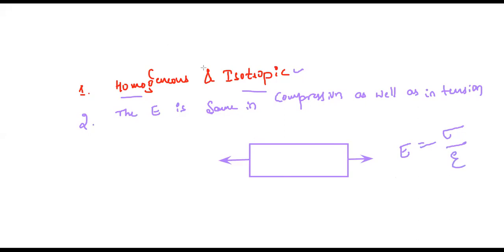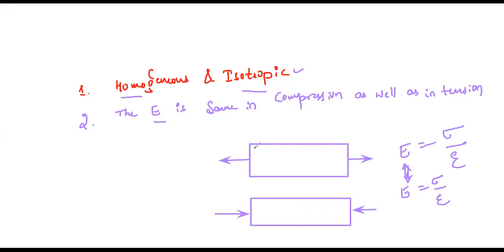Similarly, if the same bar element is subjected to a compressive loading of the same intensity, then its Young's modulus is stress by strain, and these two are the same. In other words, whether the material is subjected to tensile or compressive loading, the Young's modulus will be the same. This is the second assumption.